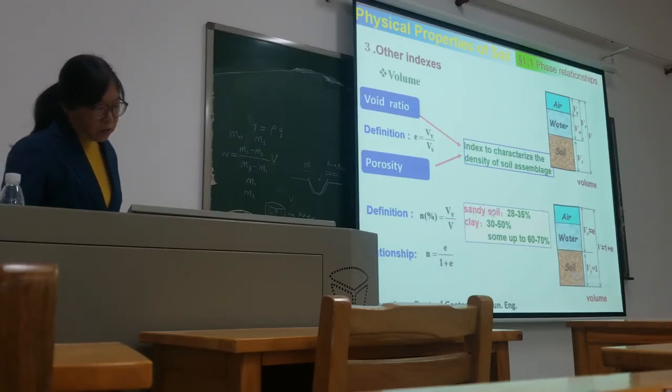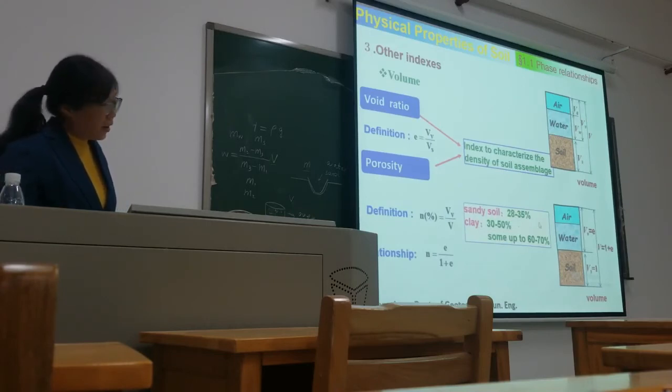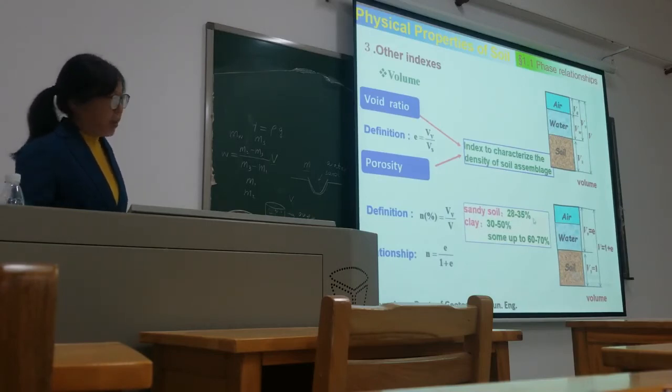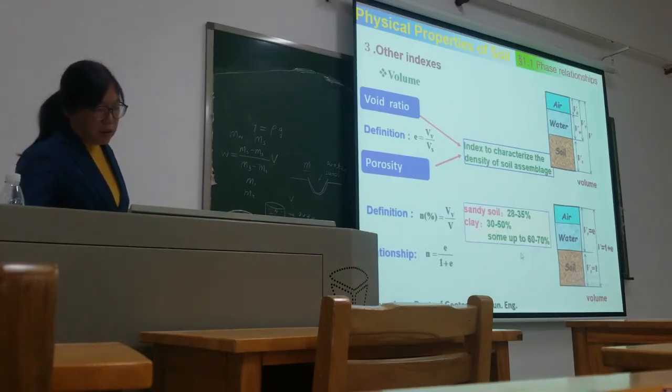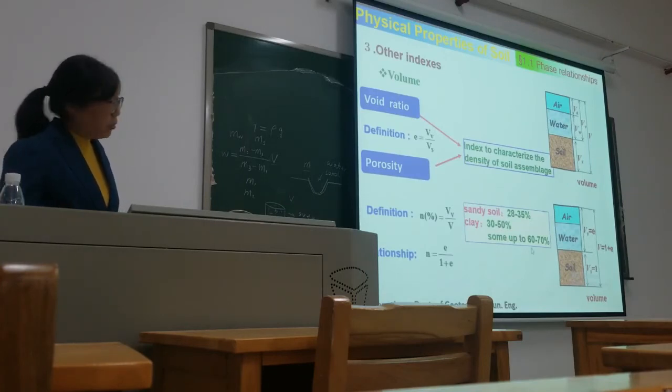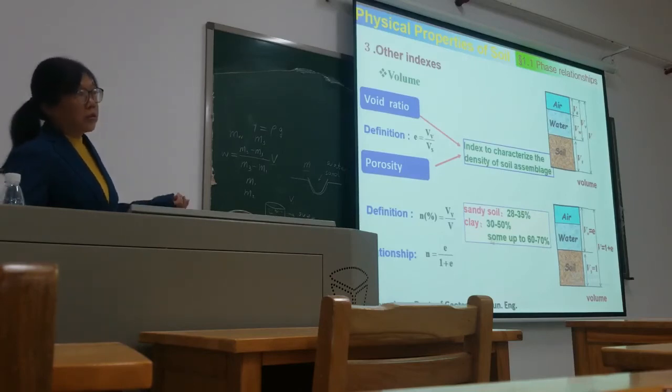For sandy soil, maybe the porosity is in the range of 28% to 35%. For clay, 13 to 15%. Sometimes up to 16 to 17%. Maybe for 16 to 17% soil, it's very loose.